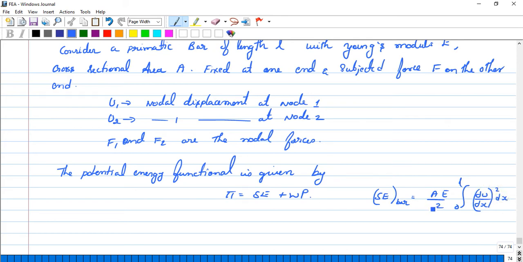Okay, so this is the formula to find the strain energy, whereas work potential is given by minus F1 U1 minus F2 U2.